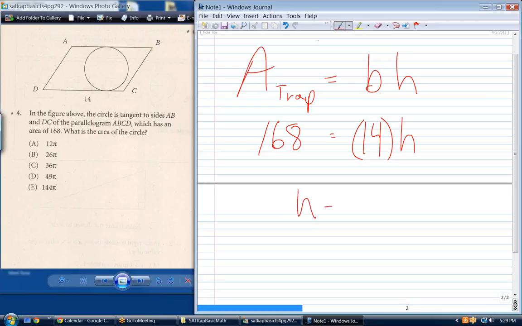So what's the height? You have your calculator? It'd be 168 divided by 14. Height is 12.